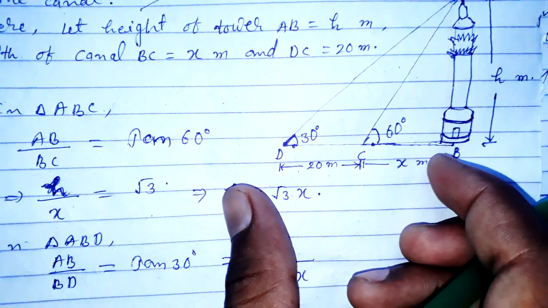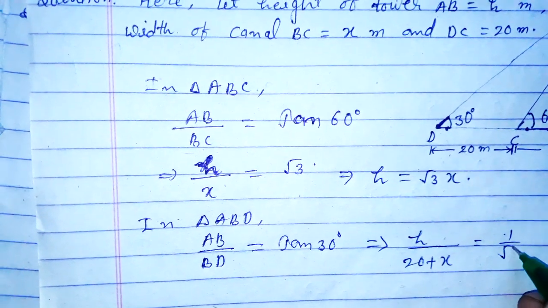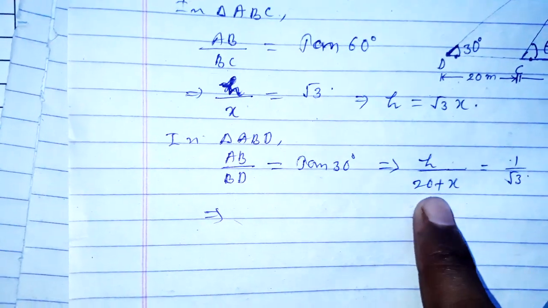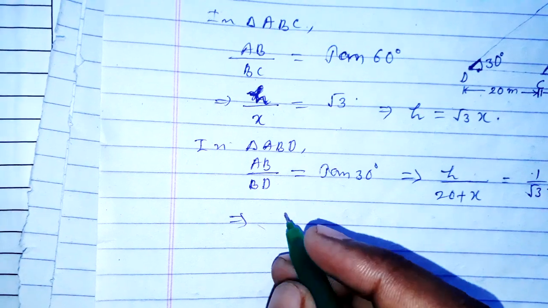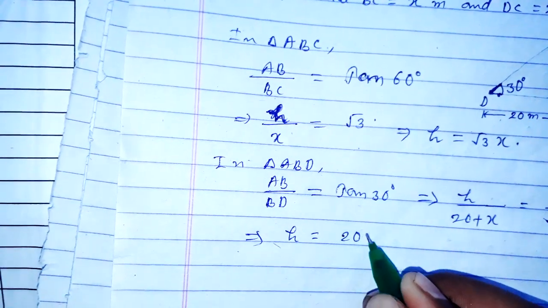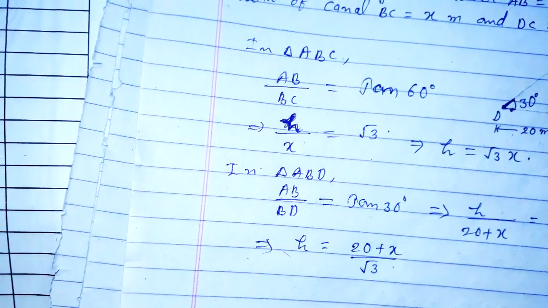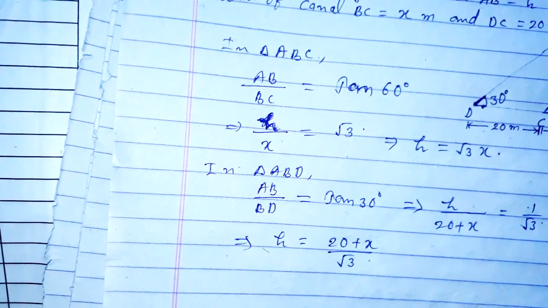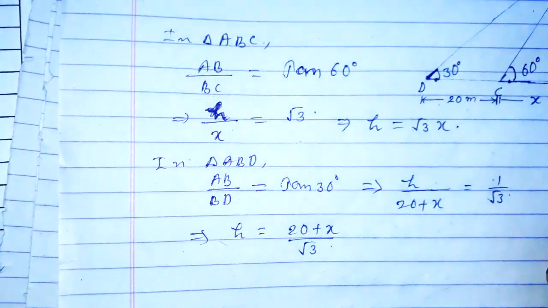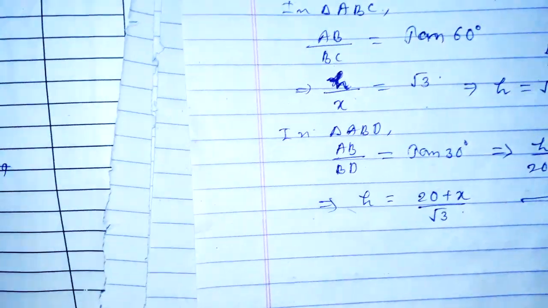So h upon 20 plus x is equal to 1 upon root 3. Cross multiplying, h is equal to 20 plus x upon root 3. This is the second equation.